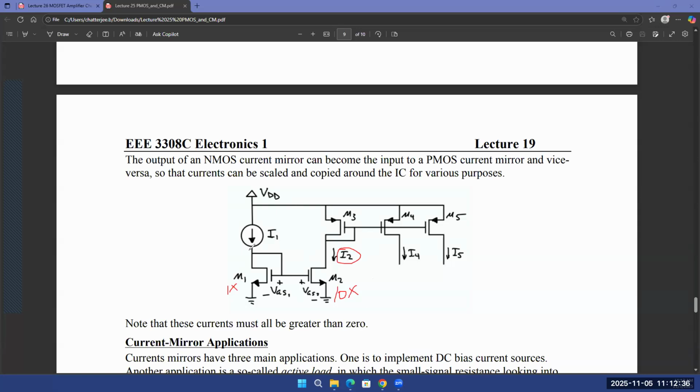But also at the same time, if there is an AC current superimposed on top of I1, that AC current is also going to be amplified 10 times. So this can also work as a current amplifier. Right? Not only does it work as a current copier or a DC current multiplier, the same circuit works as a DC current multiplier as well as an AC current multiplier.